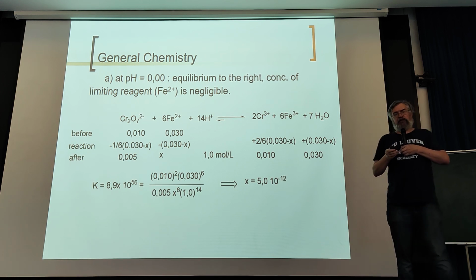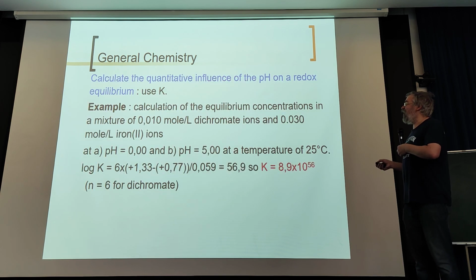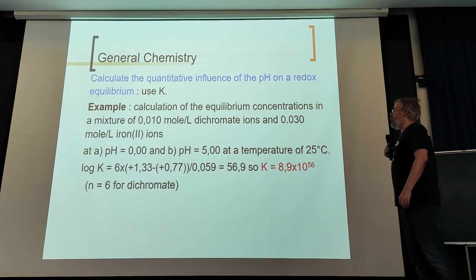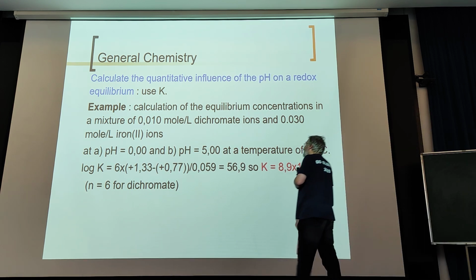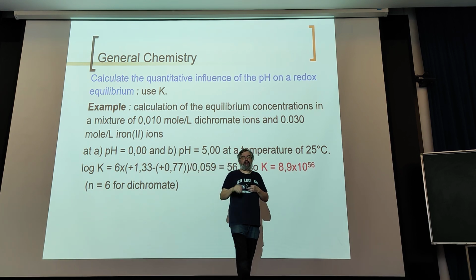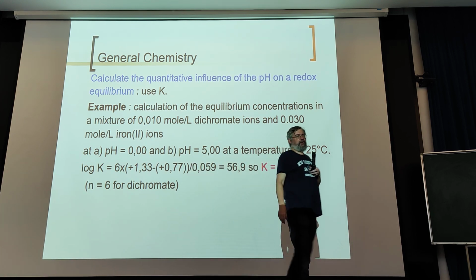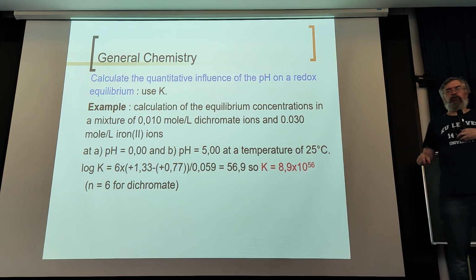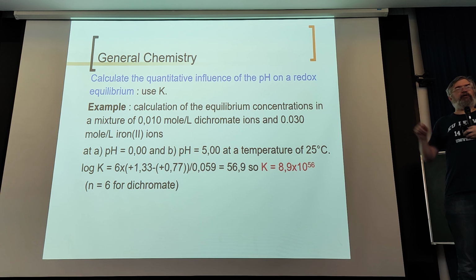You should realize that at pH 0, your concentration of H plus is 1 mole, so extremely high. But at pH 5, your proton concentration is only 10 to the minus 5. And this is to the 14th power. So that's 10 to the minus 70. That's a huge effect.